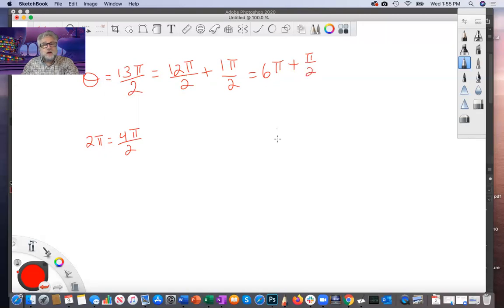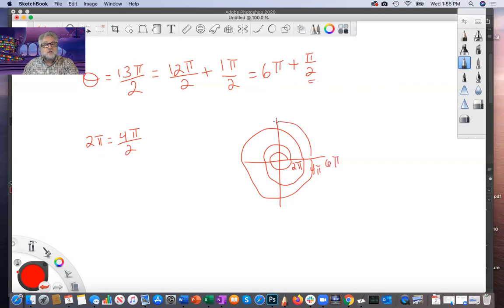So 6 pi, once around is 2 pi. So twice around would be 4 pi. 3 times around would be 6 pi, and then we have this extra little bit. So here's where we would end. So 13 pi over 2 is this, and that's really an angle of 90 degrees.